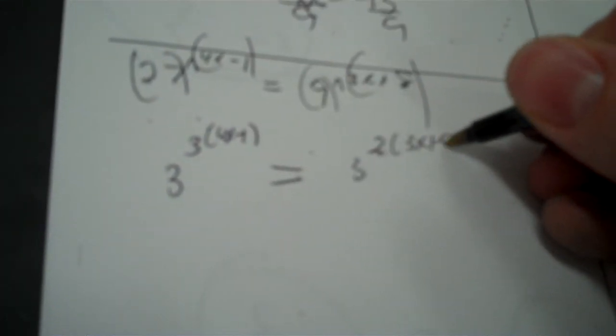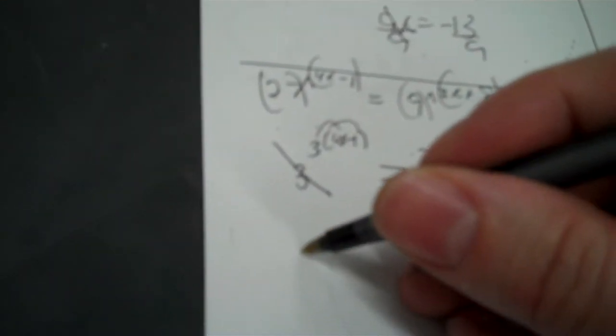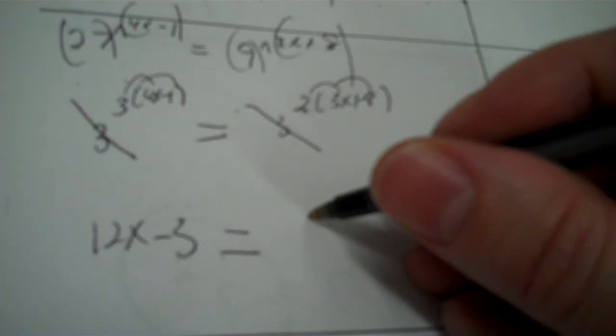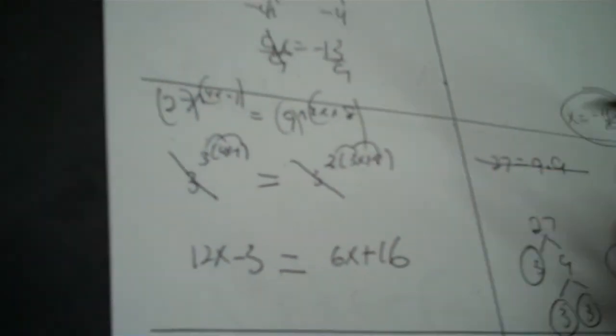Now, we're going to come here, replace the 27 with 3 to the third, and the 9 is going to be replaced with 3 to the second. So 4x minus 1, and then 3x plus 8. The 3's can be canceled. 3 times 4x minus 1, that's going to be 12x minus 3. 2 times the quantity 3x plus 8 would be 6x plus 16.